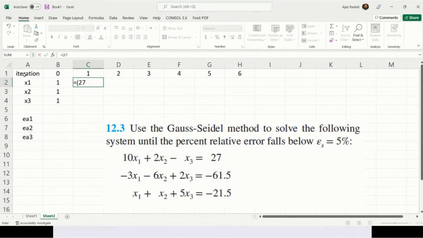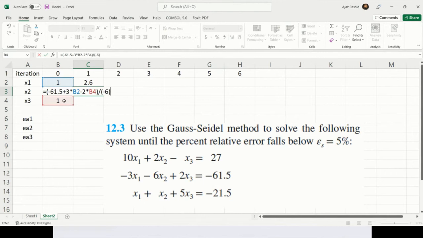x1 is 27 minus 2 times x2 plus x3, divided by 10. And we got 2.6 as we have it in the Word file. Then x2 is minus 61.5 plus 3 times x1 minus 2 times x3, divided by, please don't forget the minus sign.